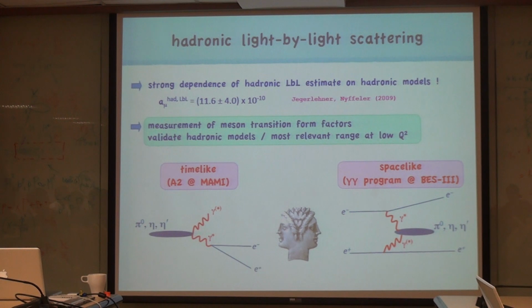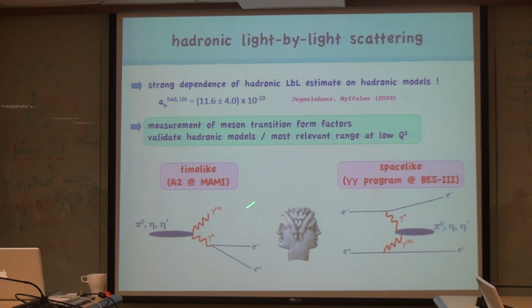And in order to reduce this dependence on these models, one would like to use, of course, as much data as one can. And so this means one needs to measure quantities such as pion going into two photons, either one real, one virtual, in order to validate the models which one then needs to calculate mu.